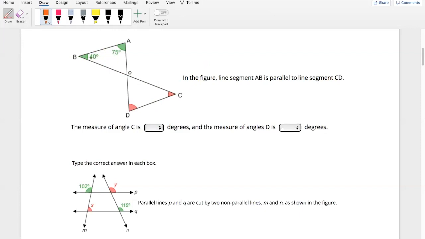And so I can tell that 40 would also be angle C here. And then angle D is that alternate interior angle of A. And so I can tell that D is going to be 75 degrees.